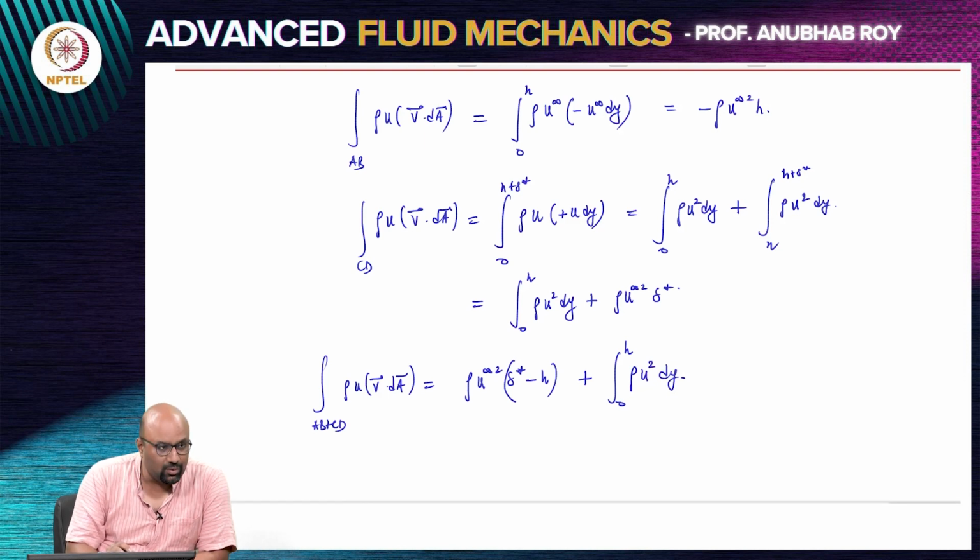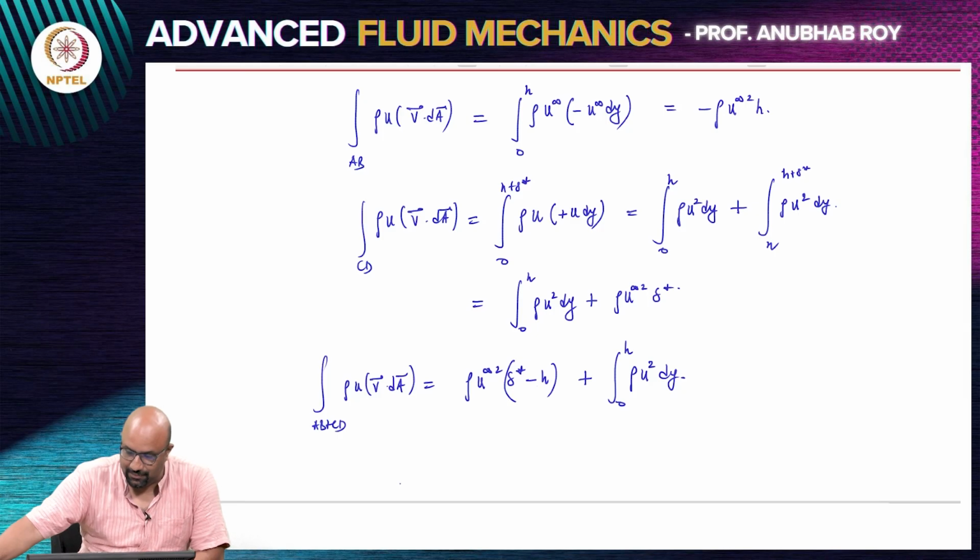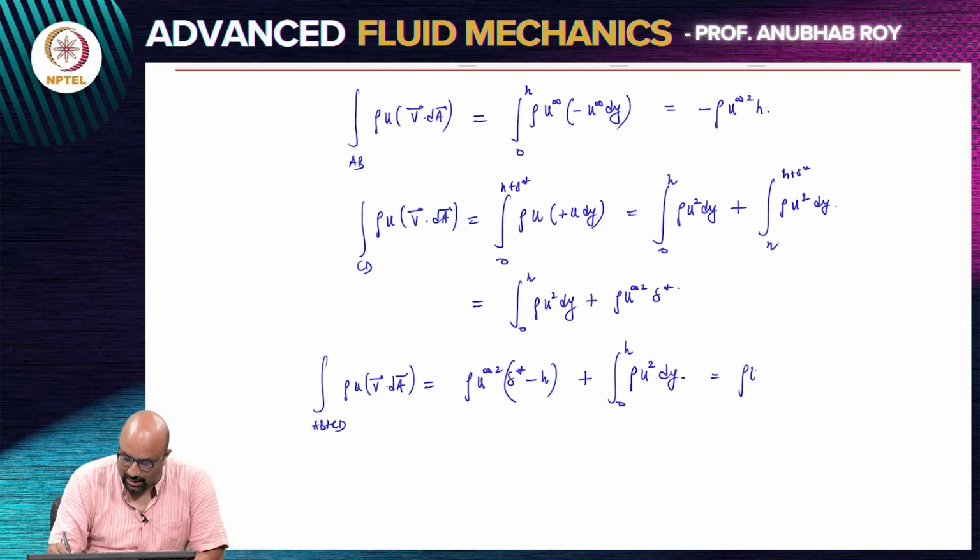Now, just like before, we are going to push h, I mean choose a limit of h. We have this expression, I can write it as rho u infinity square delta star plus rho integral 0 to h of u square minus u infinity square dy.